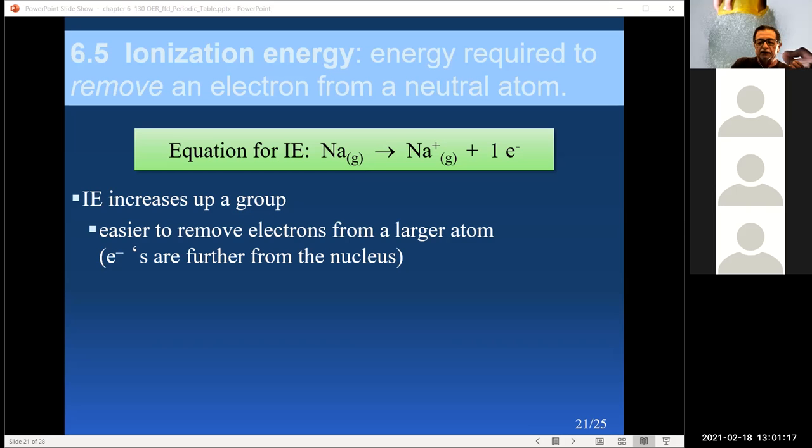Now, with respect to ionization energy, this is a measure of the amount of energy necessary to remove one electron from an atom, from an element. So it's a neutral element. It has nothing to do with it being bonded to anything. It's simply a neutral element.